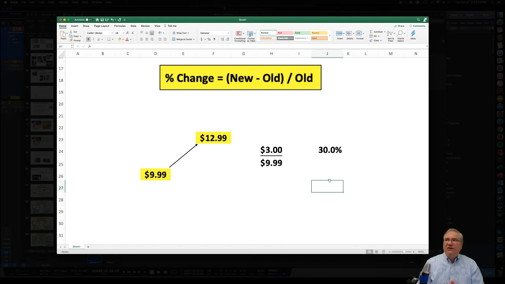So I like to encourage my students to keep repeating to themselves, new minus old over old. Percentage change is new minus old over old. And so that'll help solder the percentage change formula into your brain a bit.